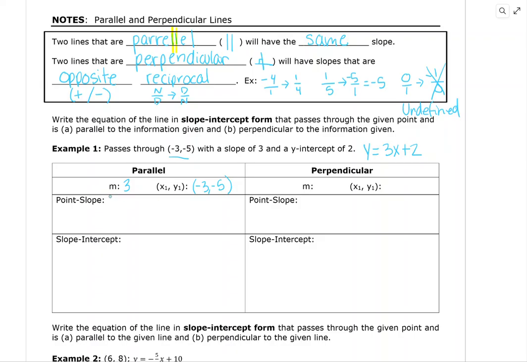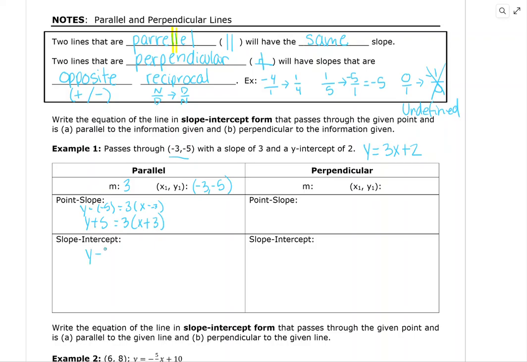So we're going to plug that into our point slope formula. So we're doing y minus -5 equals our slope times x minus -3. So we're going to change that to y plus 5 equals 3 times x plus 3. Now we're going to distribute like we've been practicing.